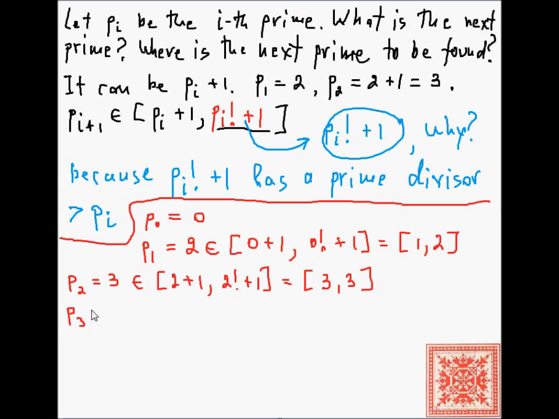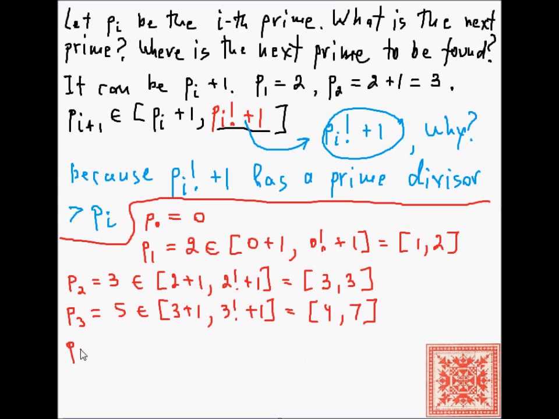Now the third prime will be found in this range. The previous prime plus 1 and the factorial of the previous prime plus 1. And this range is 4 and 7, yes.